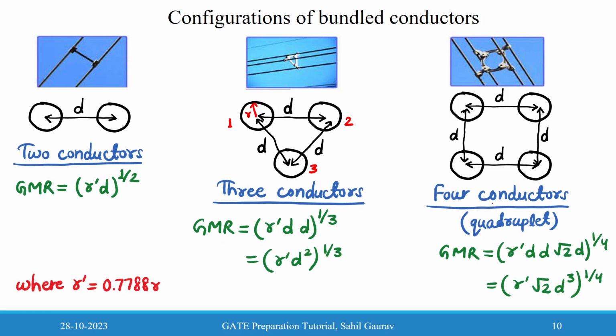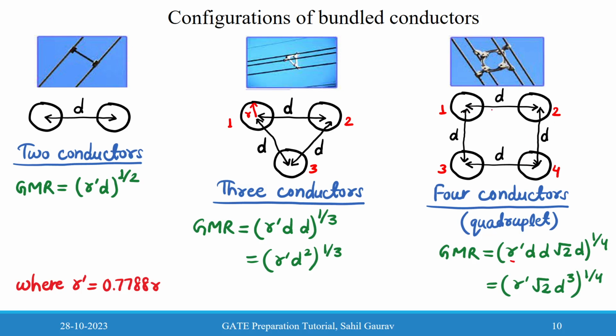Now for four conductors, suppose this is conductor number one, this is conductor two, conductor three, and the fourth conductor. Suppose we are finding the geometric mean radius for the first conductor. First we will write the effective radius for the first conductor and the distance of conductor one with respect to the other conductors in that bundle.